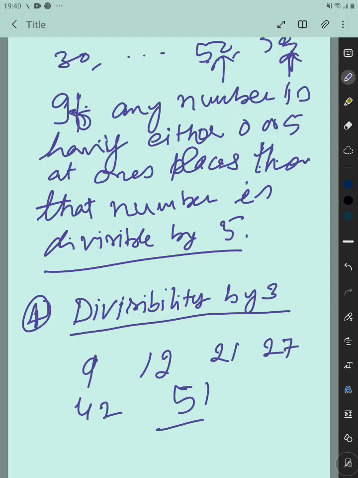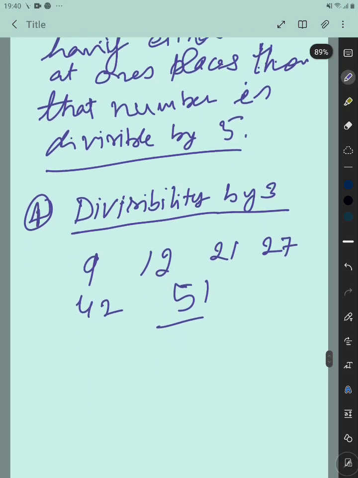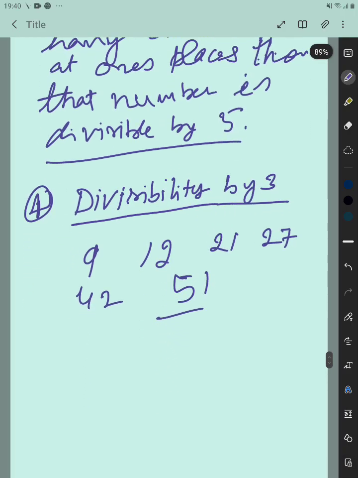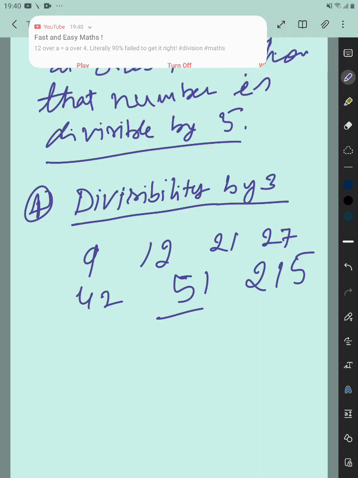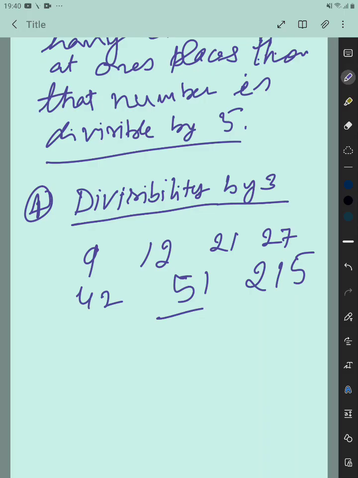So we have taken these numbers. Another big number also you can take, like 215, fine. So what we see is that apparently there is no pattern visible here, okay.